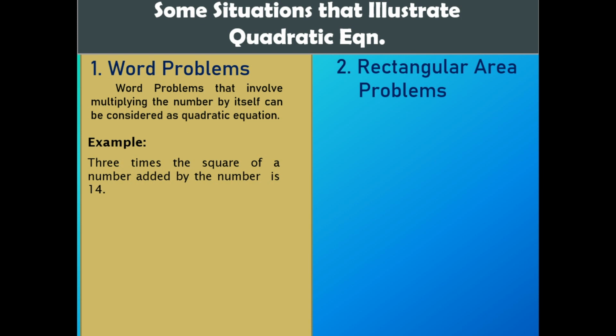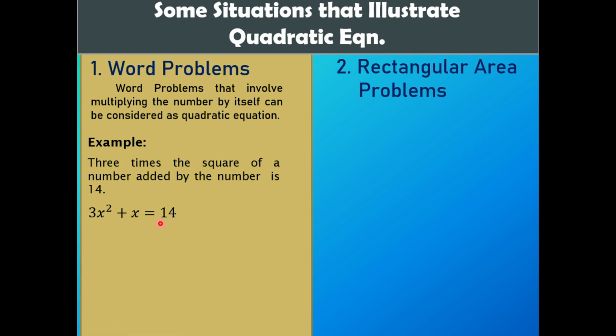These word problems can be translated into a mathematical sentence: 3x squared because of the word square of a number, plus because of the word added by the number, so we have here x is 14. So these word problems can be translated as 3x squared plus x equals 14.